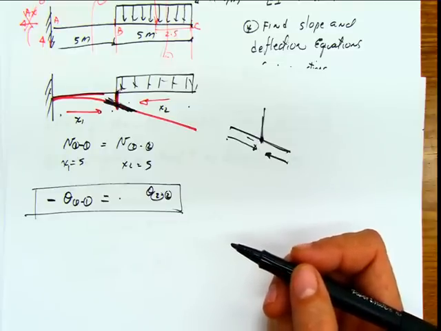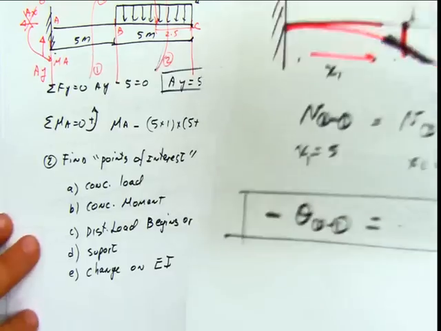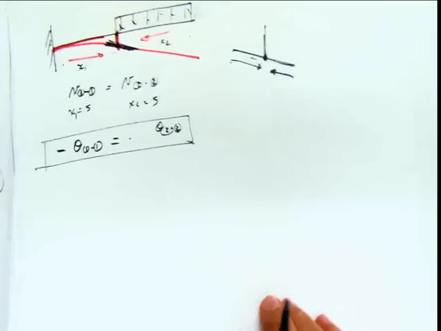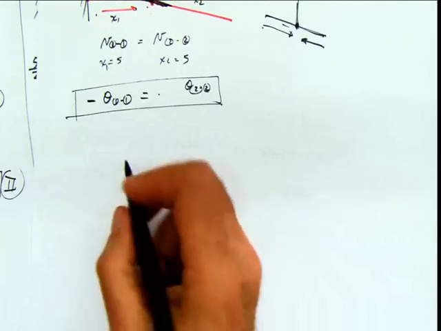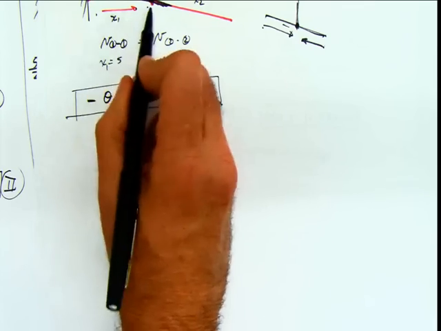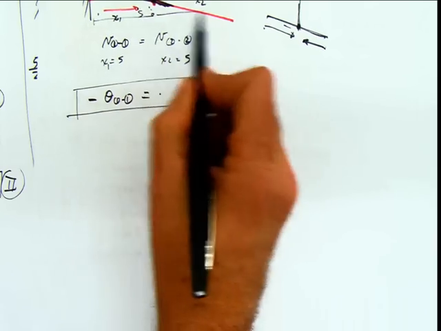So if I do that, I can just set up my equations for the slope. Where are my equations for the slope? Here, for the first part. This is my equation for the slope, negative, for x1 equals 5, and the distance is the same. They don't have to be the same, but this distance is 5 and this distance is 5.